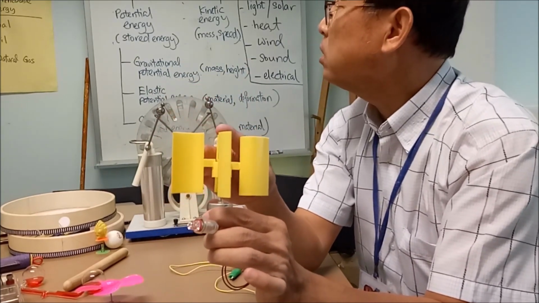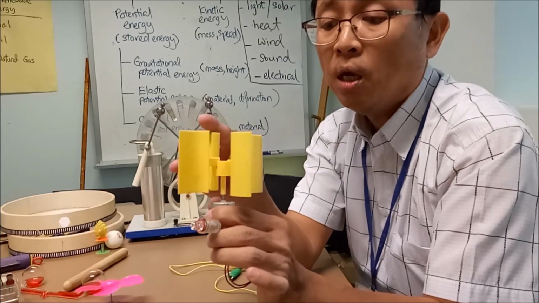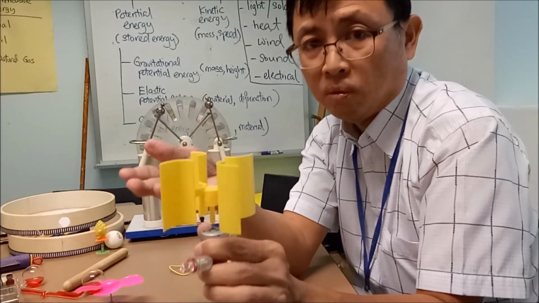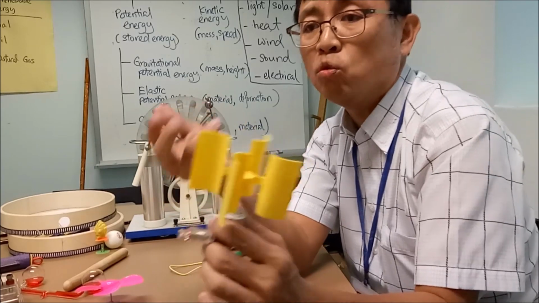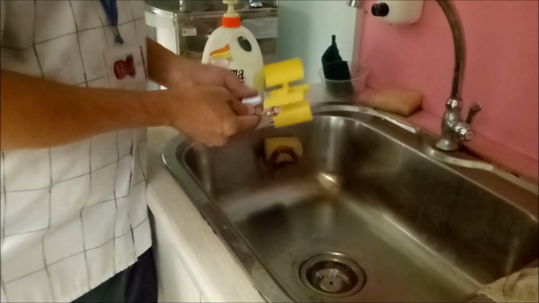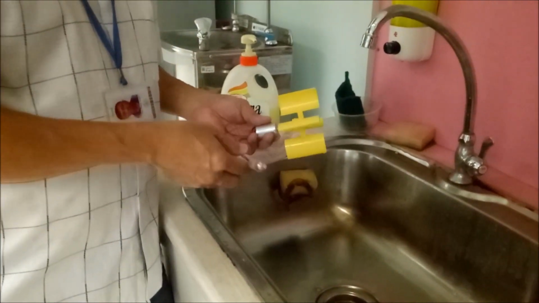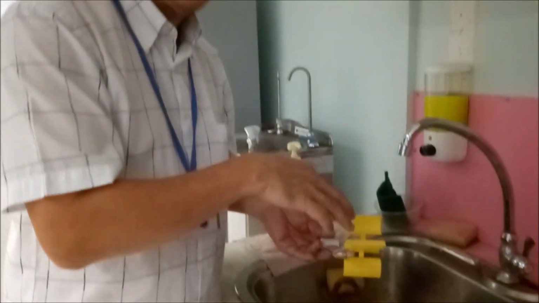Basically, this is known as renewable energy, and what is renewable energy is energy that cannot be used up in the near future. Another form of renewable energy will be it comes from the hydroelectric plant.